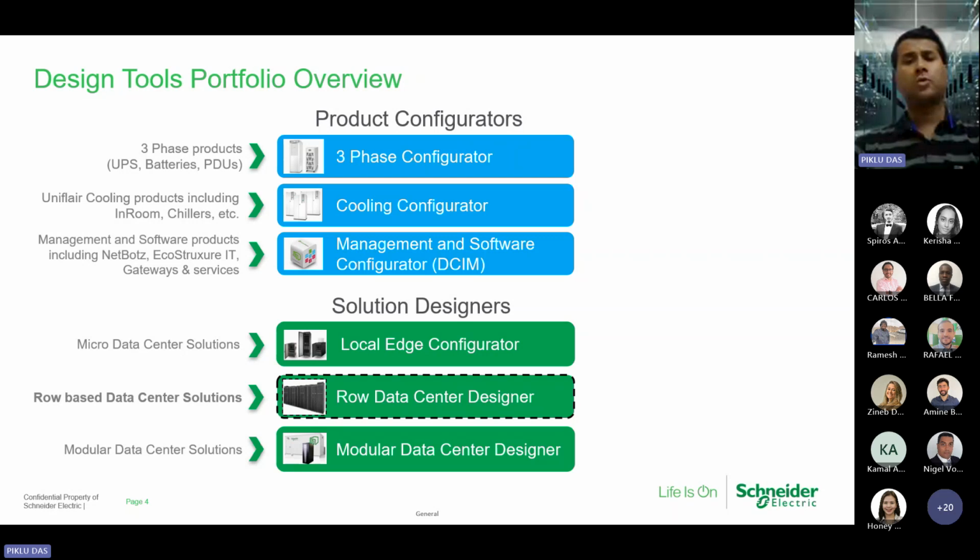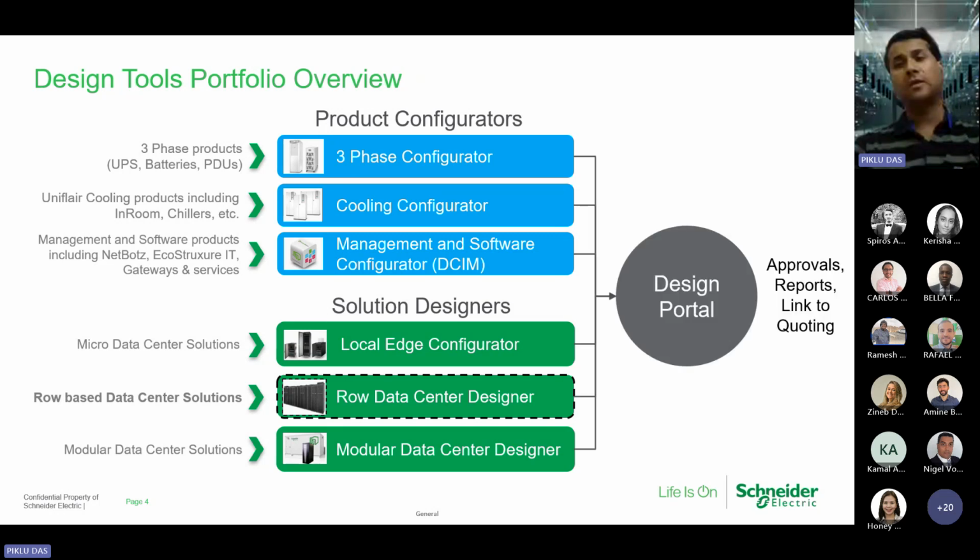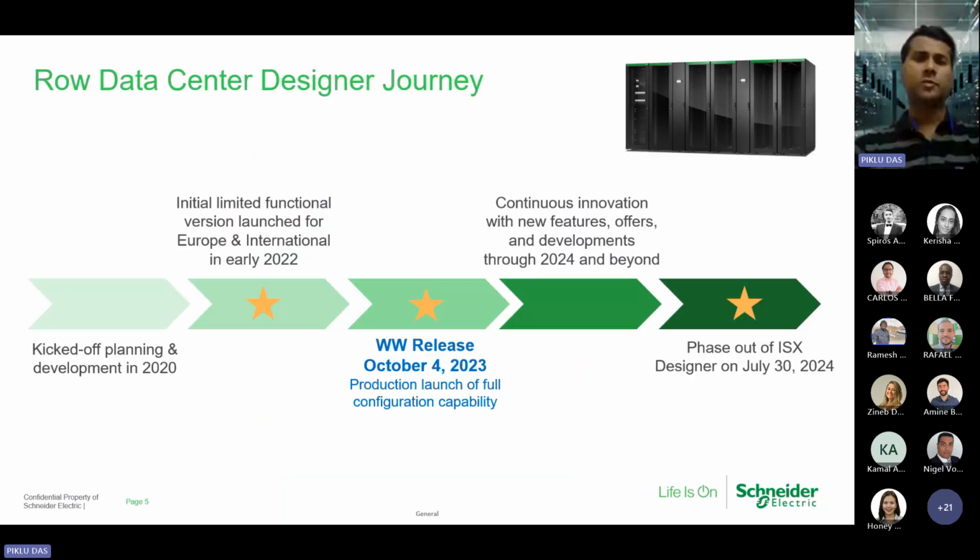And also we have this modular data center solutions designer, which caters to your prefab configuration needs. So all these applications are sitting in the design portal ecosystem, wherein you can access all the reports and the features in the design portal ecosystem, like the solution status change, the reports, and the quotation, with the link to the quoting, right? So this is the design tools portfolio overview.